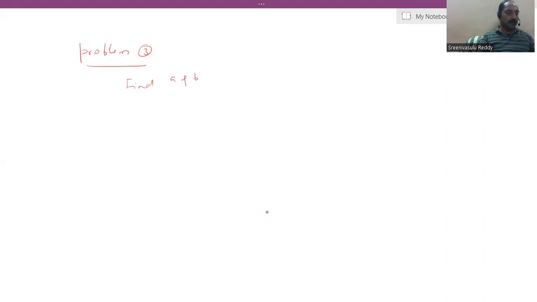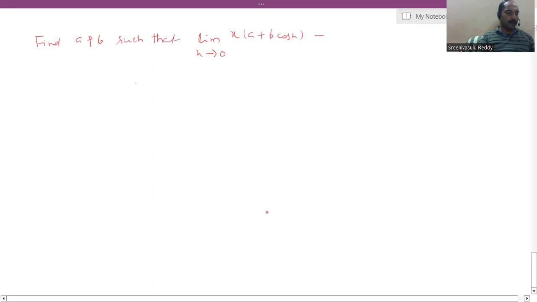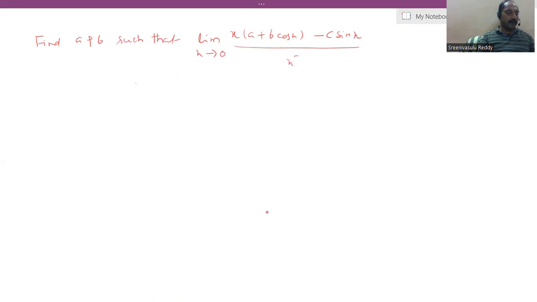Find a value and b value such that, I read on properly, please find a and b such that limit x tends to 0, x times of a plus b cos x minus c into sin x by x power 5 equal to 1.